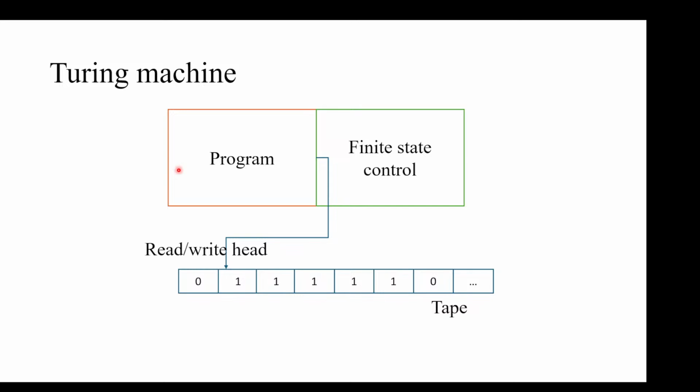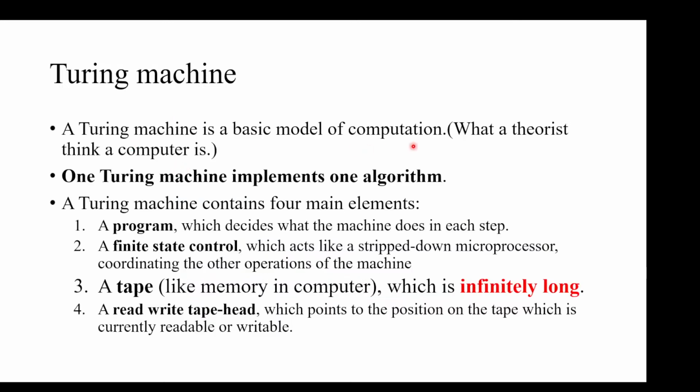You have your laptop, your phone, and in the old days people used vacuum tubes. There are different architectures, but computer theorists, as theorists, want an abstract, unified way to define computation.